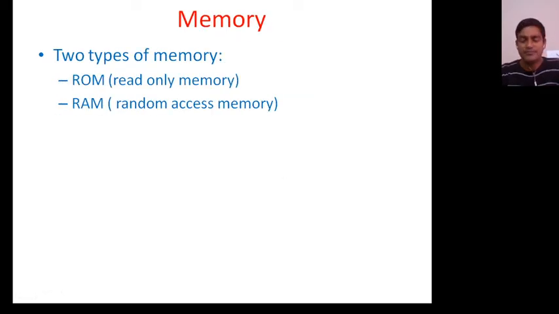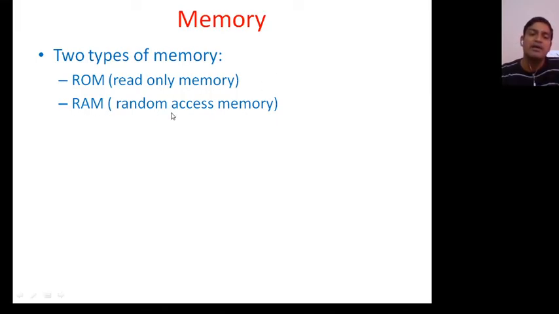Now memory. Okay, memory, you know, there is primary memory and secondary memory. In primary memory, there are two types: ROM, read only memory, and RAM, random access memory. ROM is read only memory, means you cannot write anything in ROM, so that's why it is also called code memory.